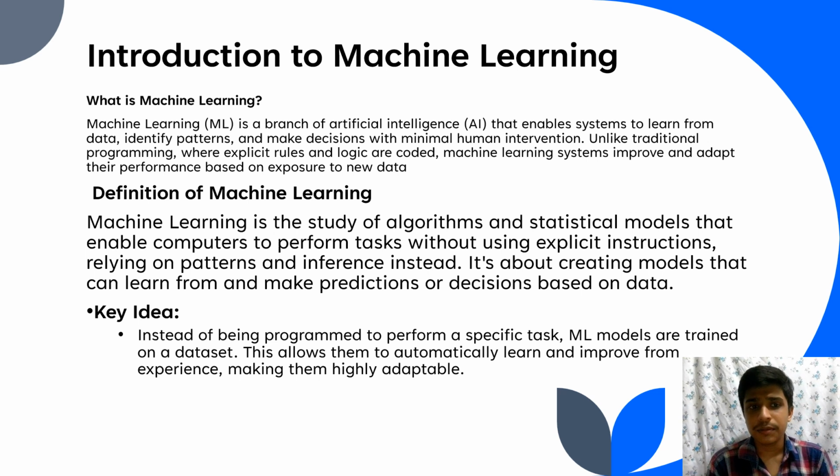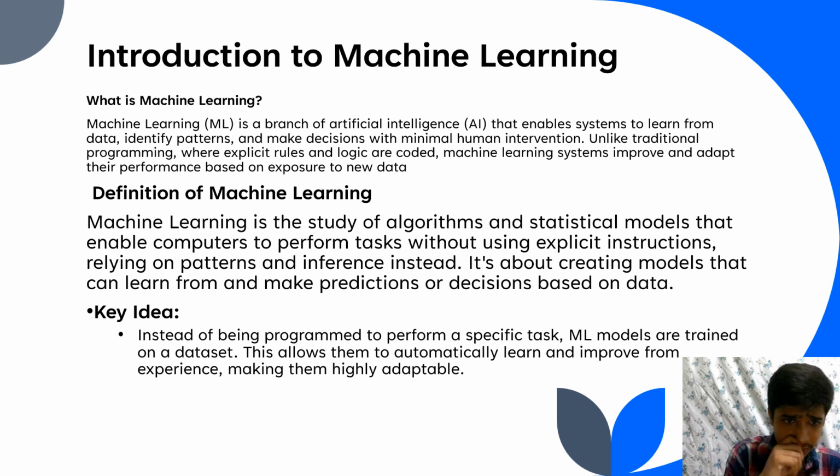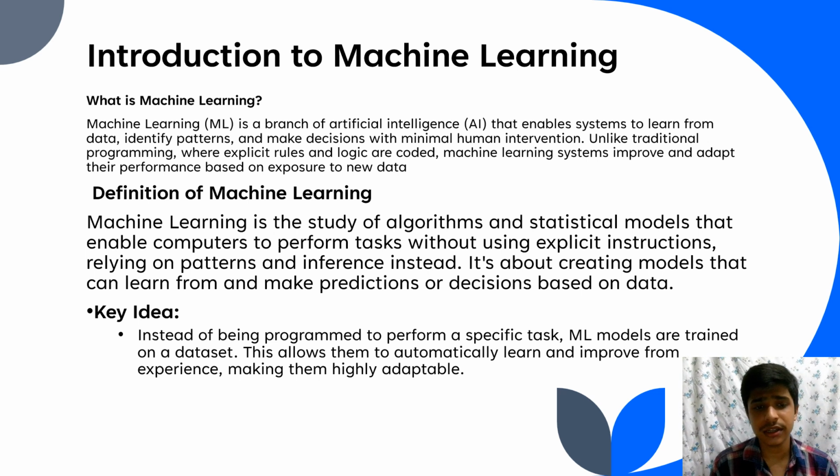Unlike traditional programming, where explicit rules and logic are coded, a machine learning system improves and adapts its performance based on exposure to new data. So now, what is the definition of machine learning?